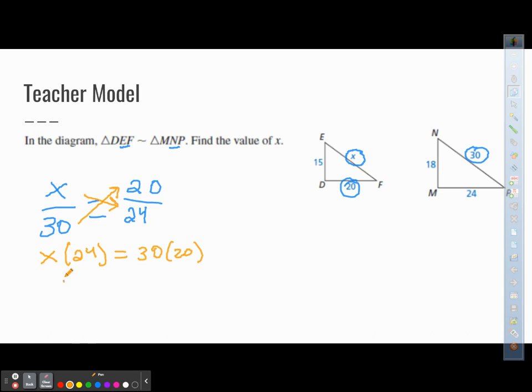X times 24 is 24x equals 30 times 20 is 600. And then to solve for x, you divide both sides by 24. So you do 600 divided by 24. And I believe it's 25. Check my math and make sure that's right.